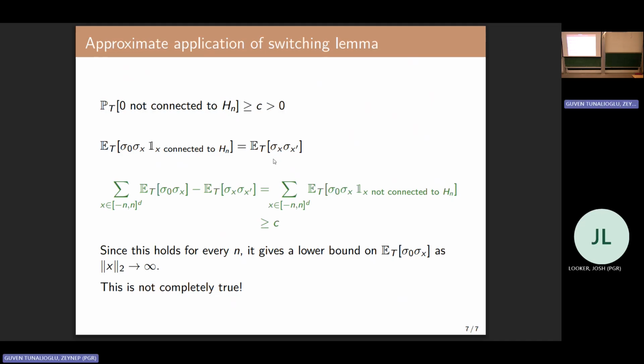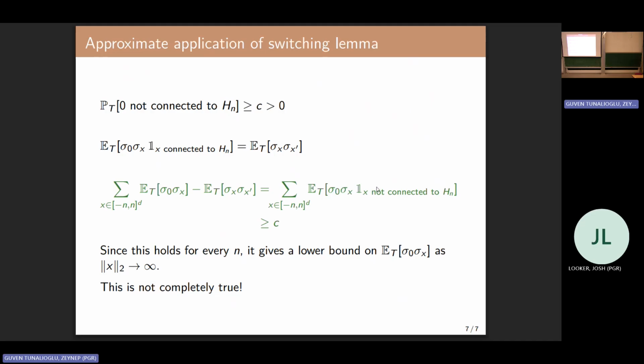And now, if you look at this expression over here, using that this expectation is equal to this expectation with the indicator that X is connected to HN, this difference here is the same as saying that X is not connected to HN.